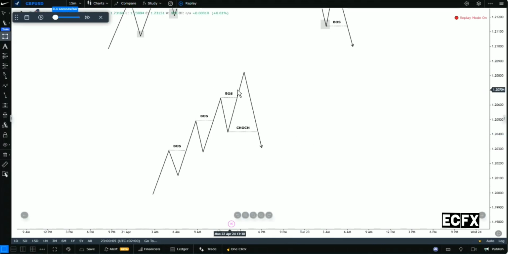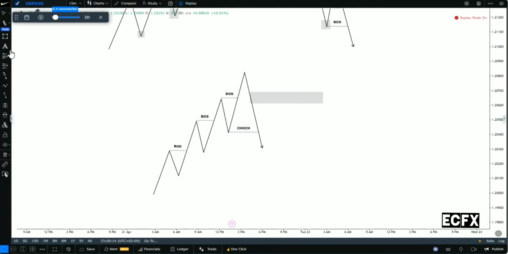So in this case, we would look for a zone somewhere in here that caused this change of character for a new position to the downside, right?